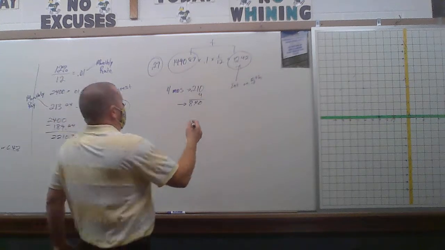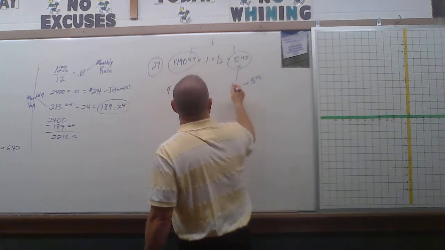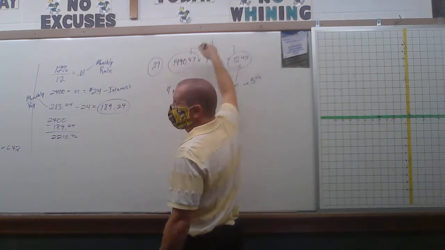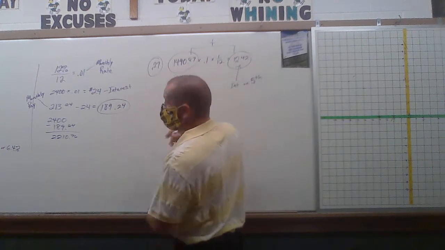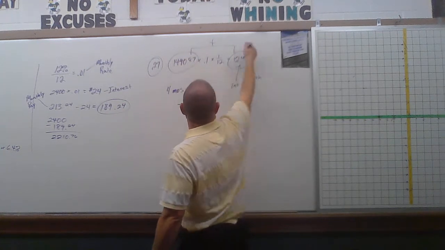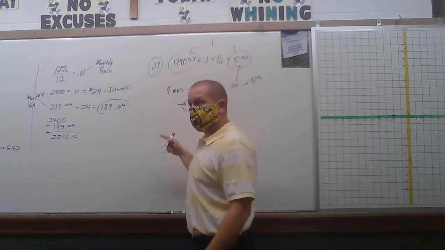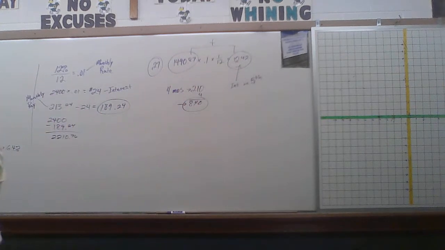I've already paid this, but this right here was the amount that I paid to pay it off. So the grand total would have been this amount plus my 840 or whatever it happened to be for those previous 4 months.